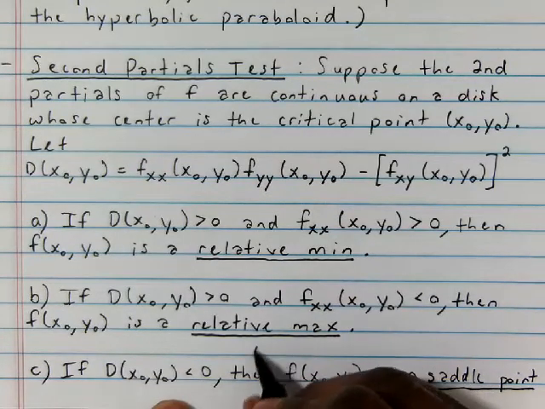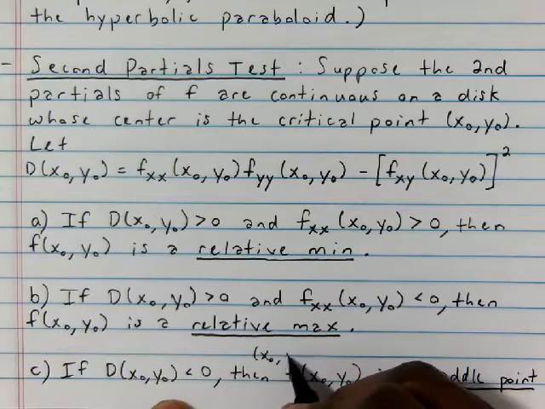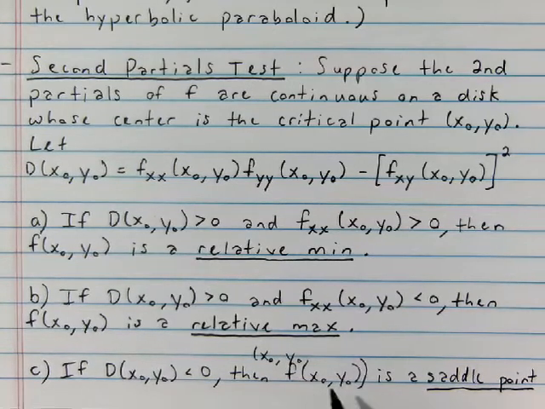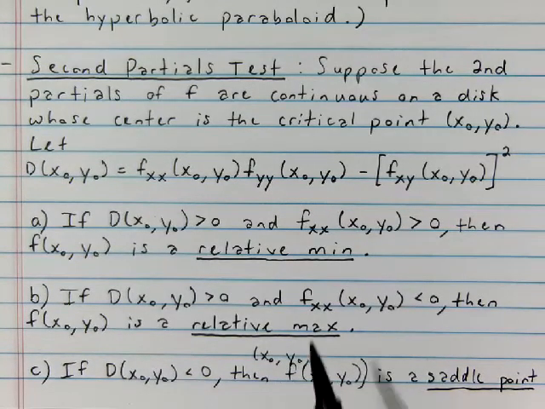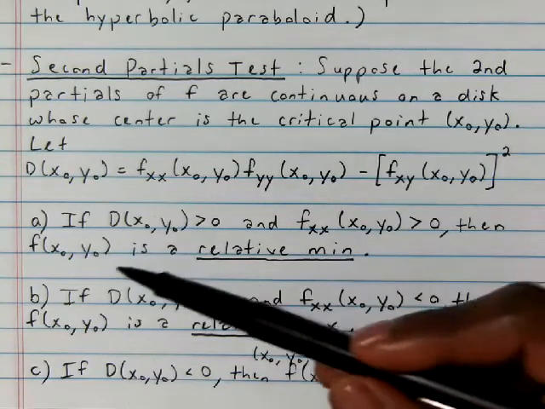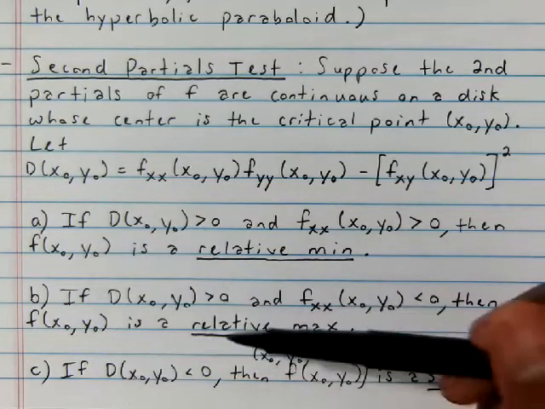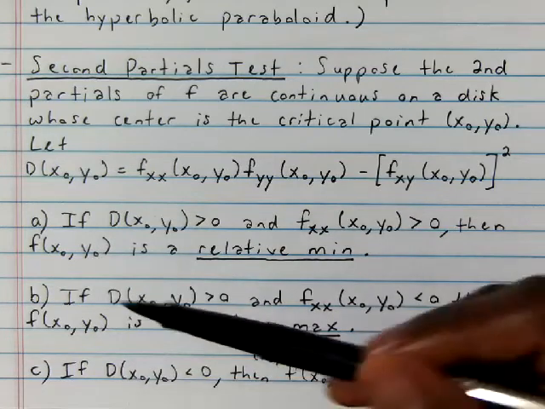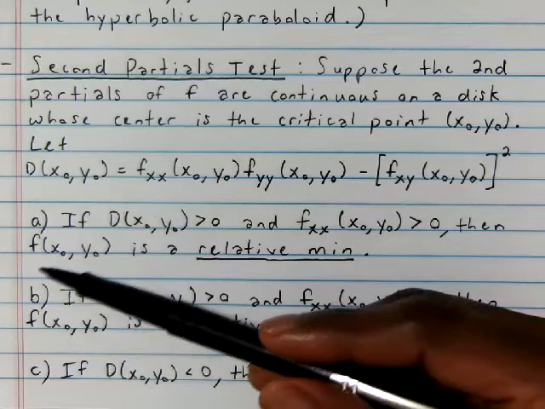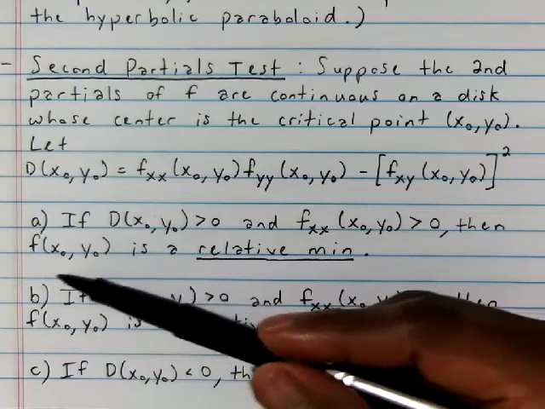So let's change this to (x naught, y naught, f of (x naught, y naught)). So it's actually the point that is a saddle point. Now, if you're asked where a relative min occurs, here you would say (x naught, y naught). If you're asked where a relative max occurs, you could say (x naught, y naught). Or if you're asked for the point, then you would give the x coordinate, the y coordinate, and this is the z coordinate.